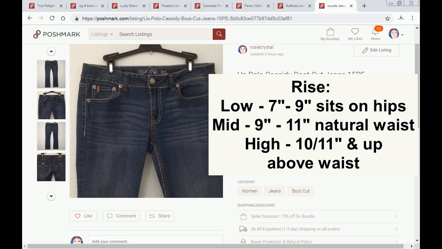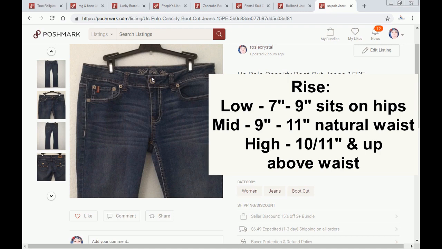Now when it comes to rise, a low rise pair of jeans would be from 7 inches to 9 inches, and they usually sit right on your hips. Sometimes they might even be called hipsters. So if the measurement from here to here is between 7 and 9 inches, that would be a low rise. 9 to 11 inches is just a typical pair of jeans.